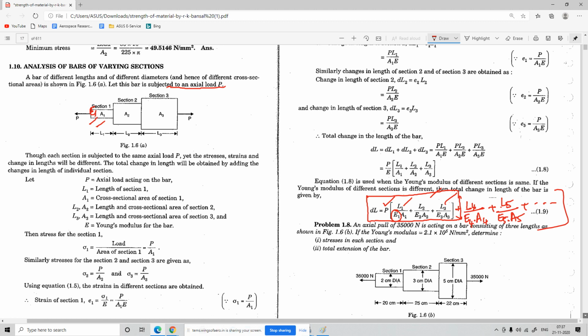Got that point? So this is for bars of varying section.